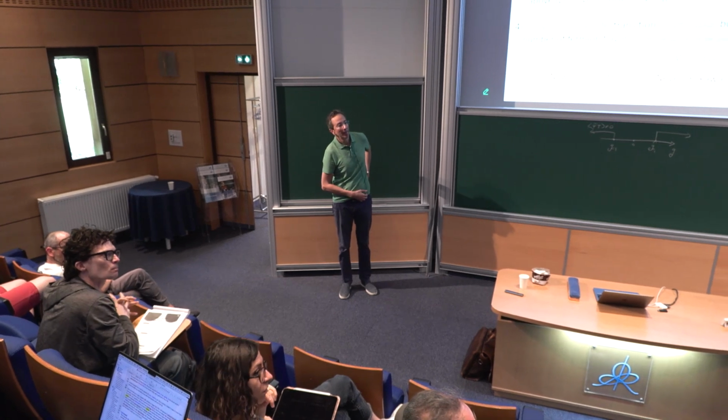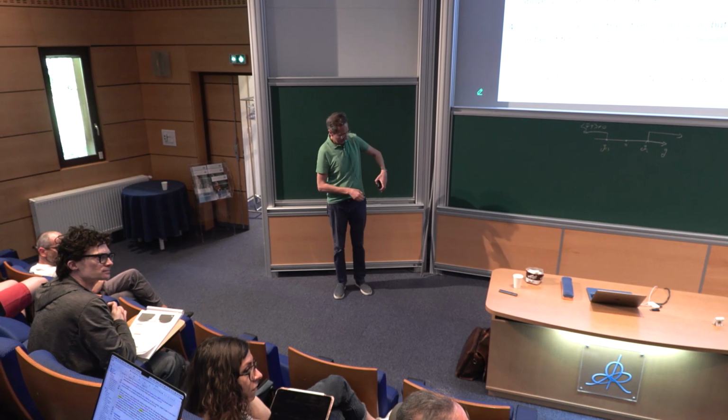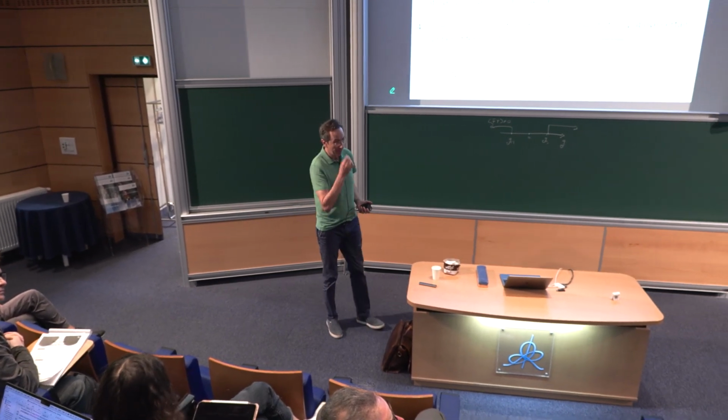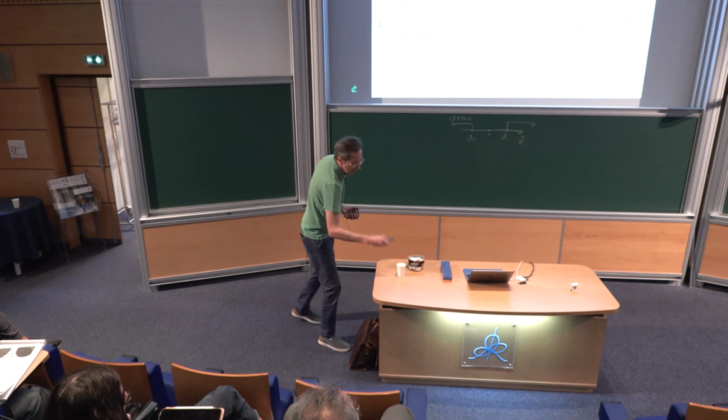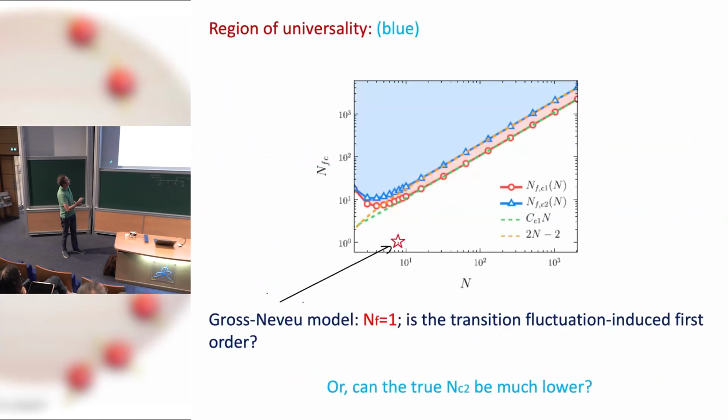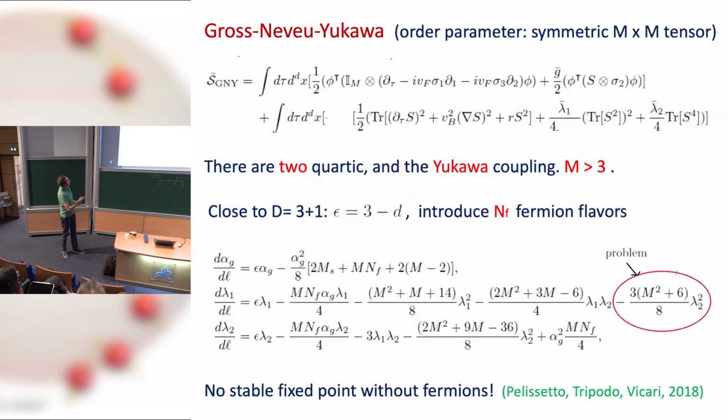In the discussion of the Gross-Neveu Yukawa model, you introduced a notation M, which is a matrix size or something. So M is actually 2n in this context? Yes, M is 2n. So if you just have some matrix which is M by M, it would be 2n in the initial notation. It would be 8, for example, or 4 if you don't allow spin.